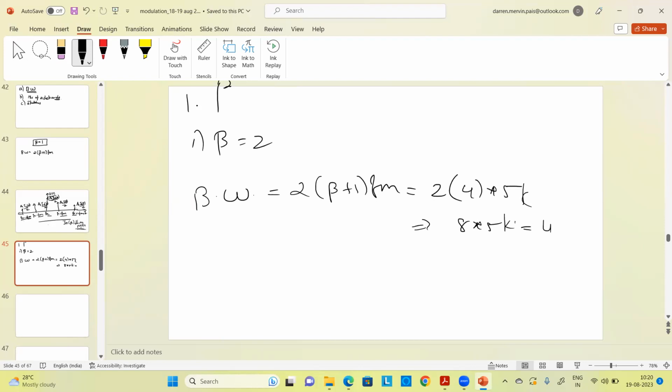Wait, beta is 2, so it should be 3, right? My bad. So this should be 30 kilohertz. Sorry for the mistake. No, it's okay. That is very important.